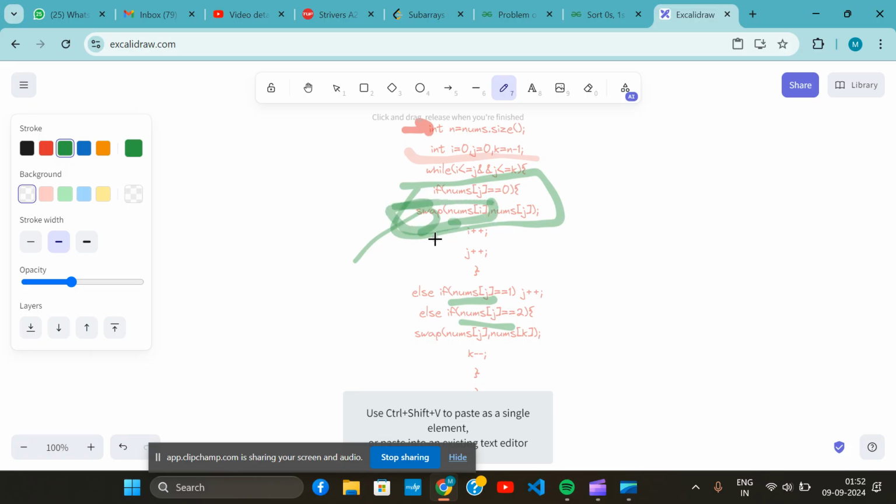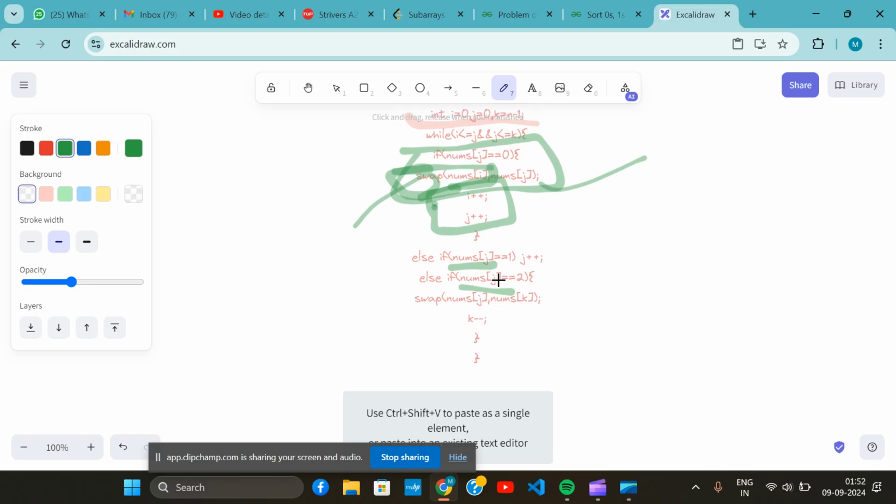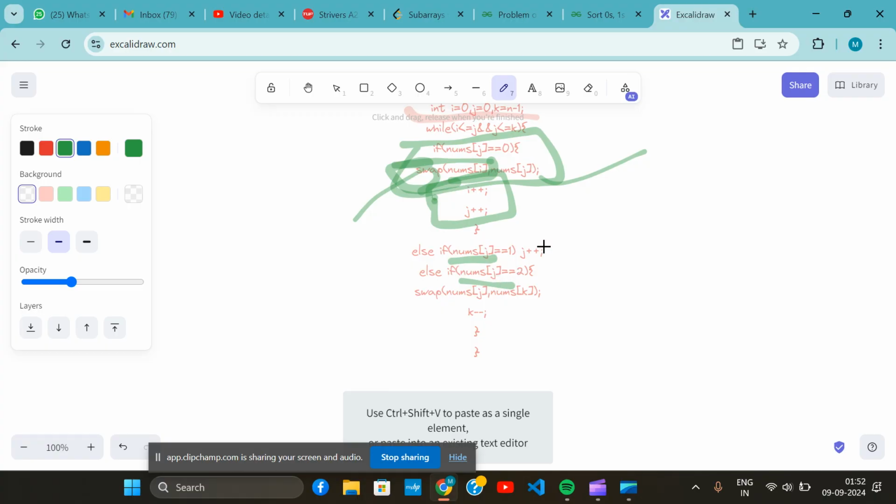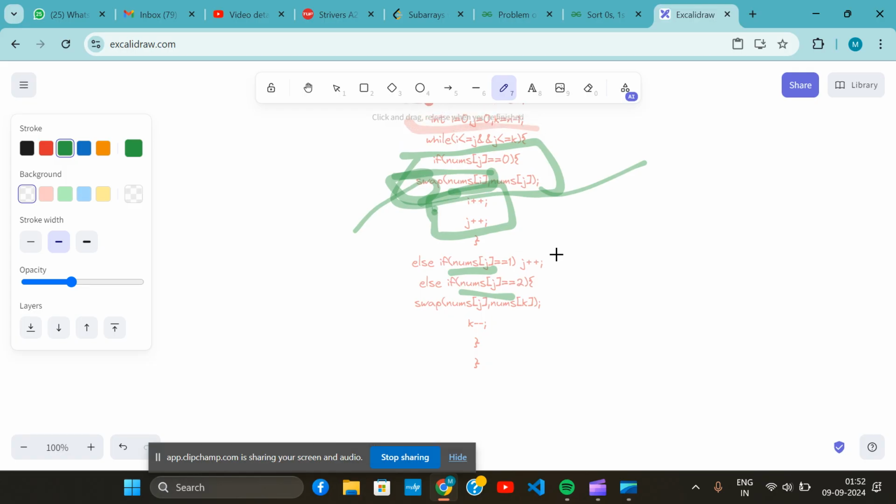So I am swapping the value of nums of I and J, and I am increasing both the pointers I and J. And if I am finding that the number at nums of J is 1, then the value 1 is at its correct position, so I don't need to swap it.